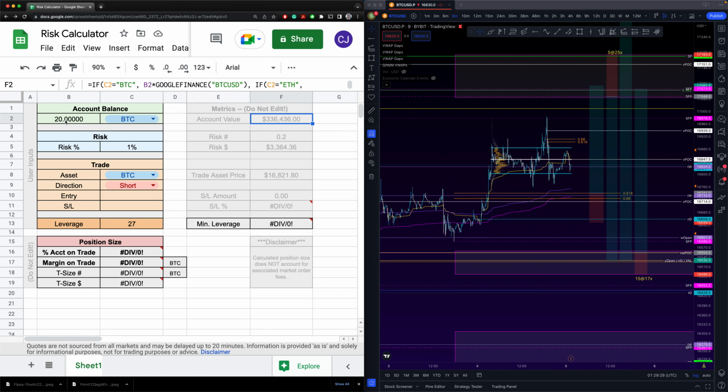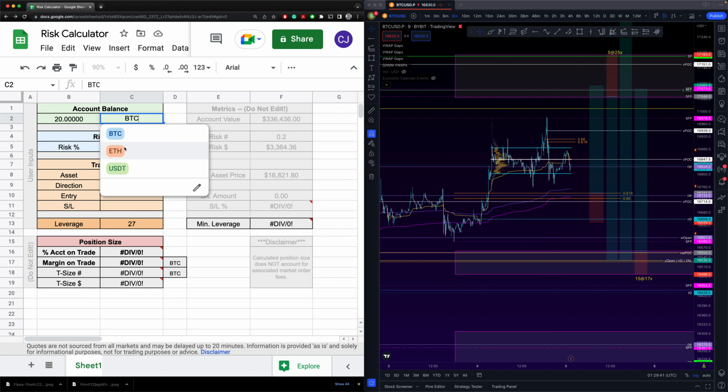So if we have a 20 Bitcoin account, that imputes a value of around $336,000 according to the current price of Bitcoin. Say if we change this to Ethereum, then our account value would be 25,000, and USDT, 20 USDT would be $20.